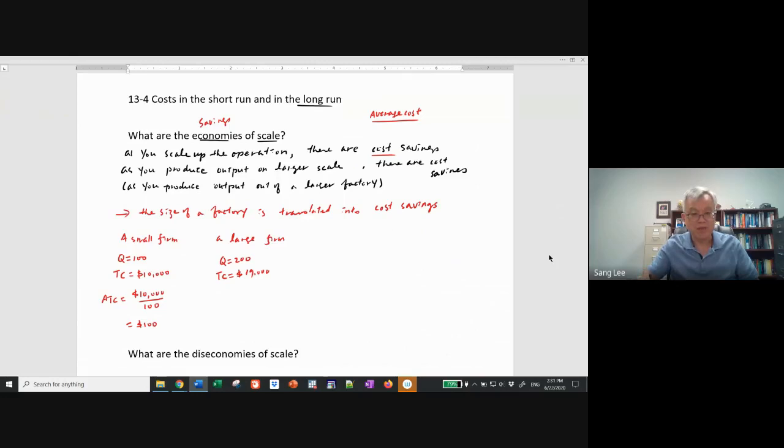So here you calculate the average total cost: 19,000 divided by 200 units. So this is only $95. Let me double check.